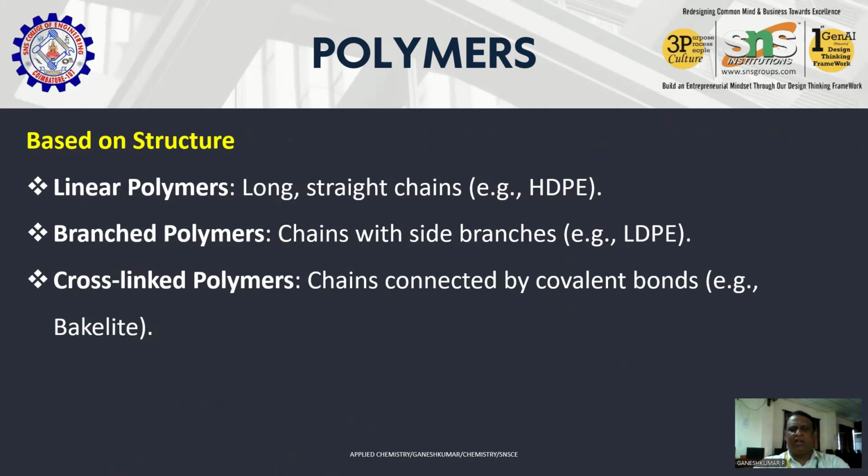An example is LDPE, low density polyethylene. And cross-linked polymers have interlinked three-dimensional covalent bonding; Bakelite is an example. Based on these structures, the properties vary.